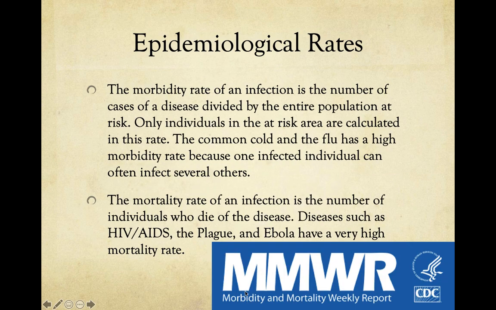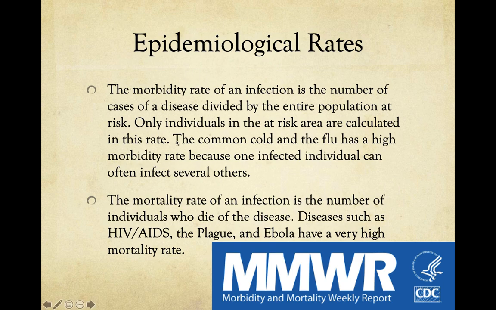One of the more important forms of these that you guys as healthcare practitioners will see all the time is the morbidity and mortality weekly report of the morbidity and mortality rates. The morbidity rate is the number of people that will become sick of a disease in that population. So you got 200,000 people in the city. How many of them will become sick?